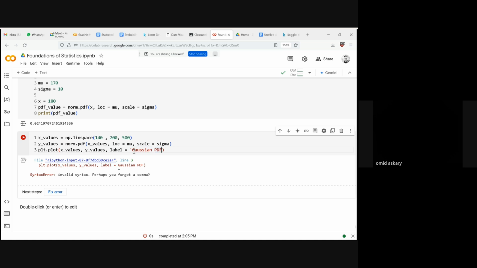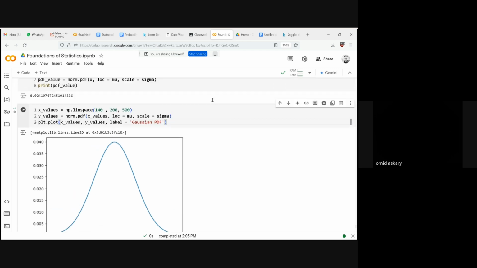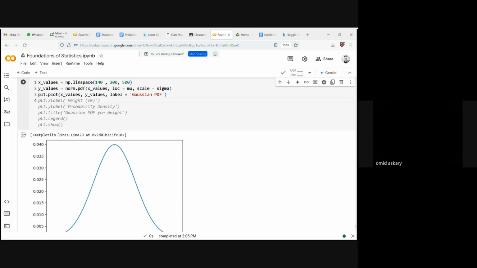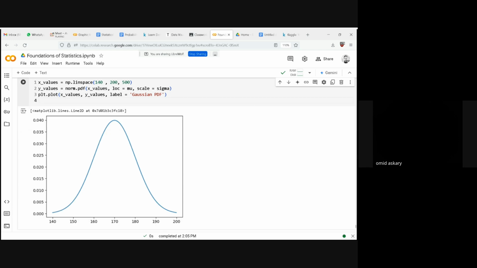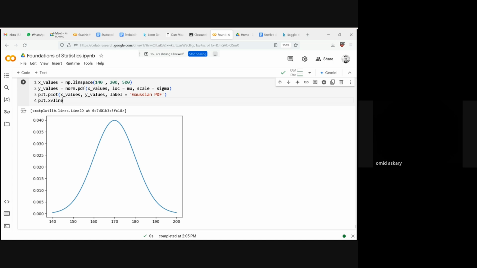Again, problem with the syntax. So this is the Gaussian distribution curve. Let's make it a bit more interesting. We can add a line, PLT, a vertical line, AX V line.